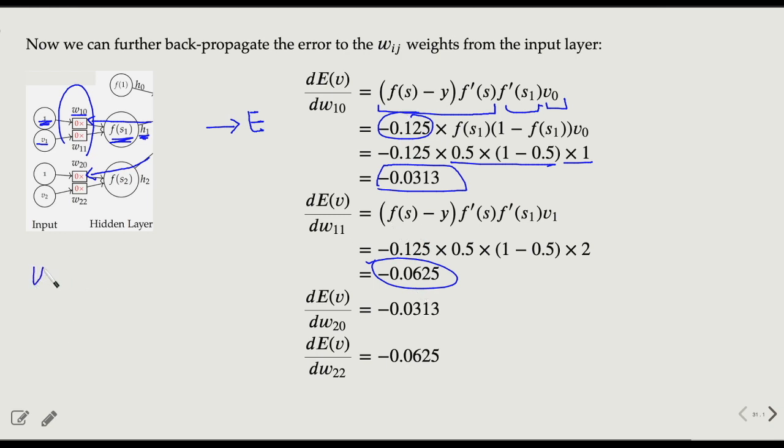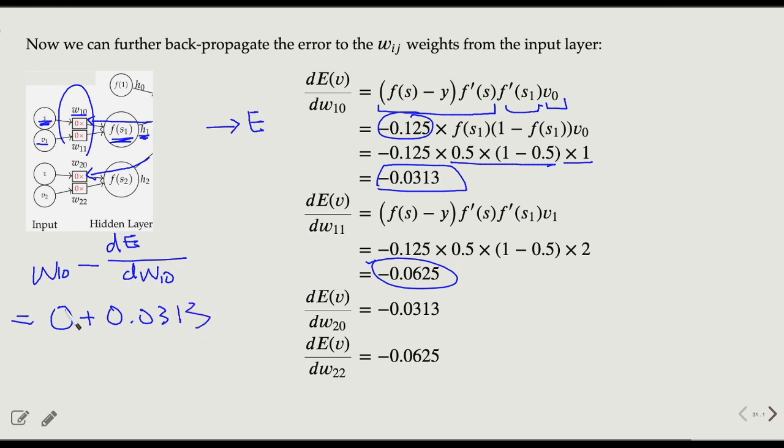So when we update them, for example, the W10 weight, we subtract the derivative from its current value. The current value at the beginning is 0. We subtract a negative value, so this is going to be a positive value. So you can do this.